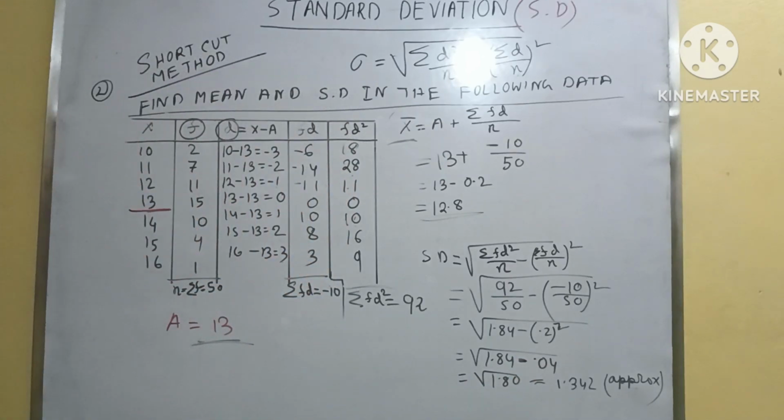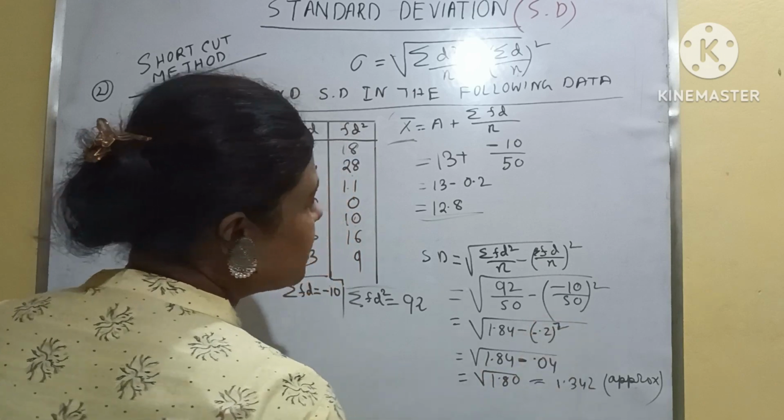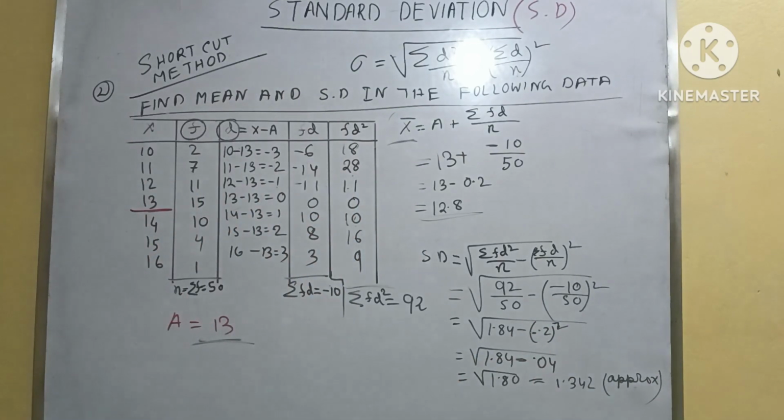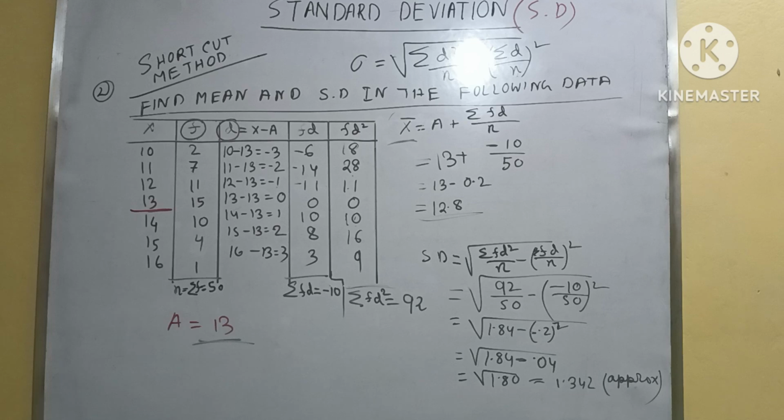Obviously the minus sign is there, but after squaring, the minus sign is removed. And when taking the assumed mean, you should choose a number such that during subtraction the minus numbers are greater.